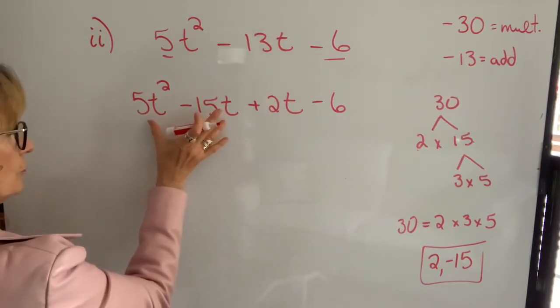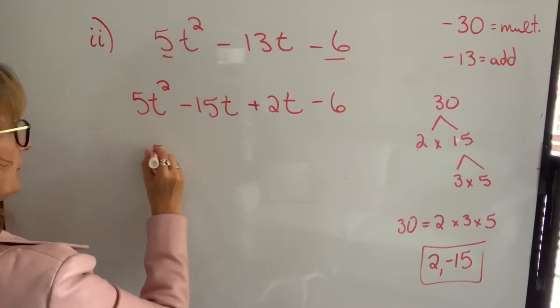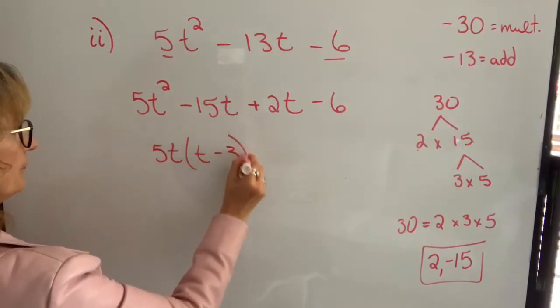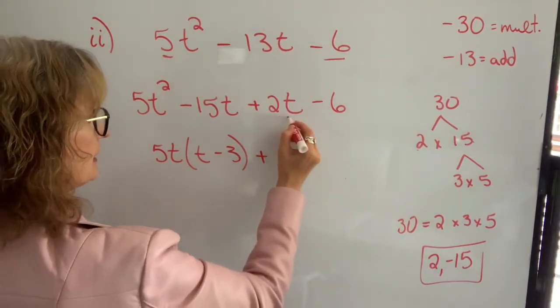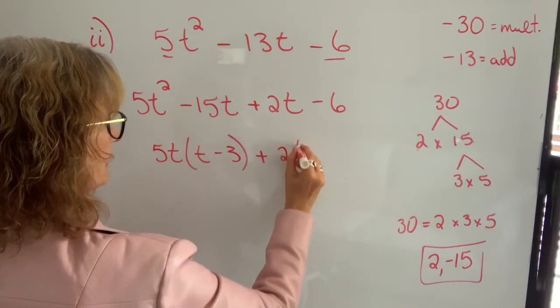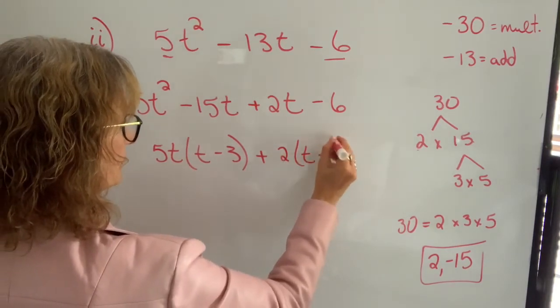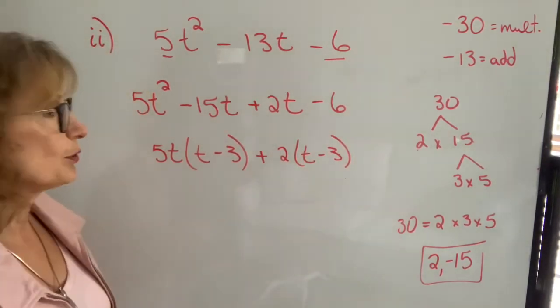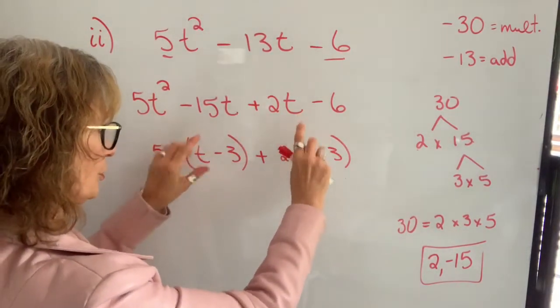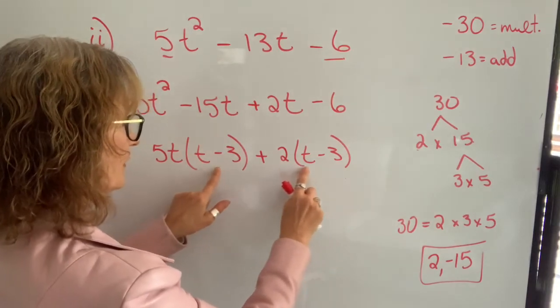Out of these two terms, I'm going to factor out a 5t, and I'll be left with t minus 3. Plus, out of these two terms, I'm going to factor out a 2, and I'll be left with t minus 3. So if you've done the process correctly, you should end up with each term containing this same factor.